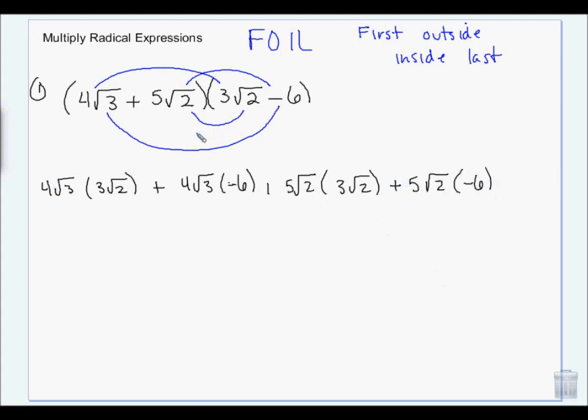So first, and then these are the outside, those are the inside, those are the last. So this is going to give me 12 times the square root of 6. And then that's going to be minus 24 times the square root of 3. This is going to be plus 15 times the square root of 2. And then here I'm going to get minus 30 times the square root of 2. Sorry, square root of 4.